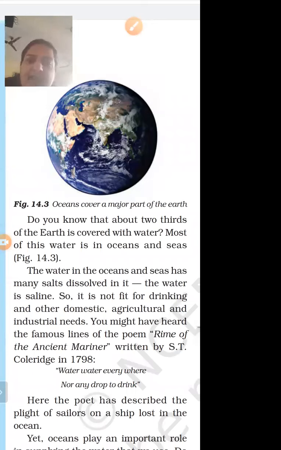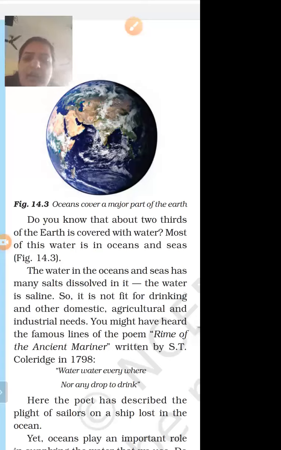It has a lot of salt dissolved in it, so we cannot use it for drinking purposes. We also cannot use it for domestic purposes, agriculture, or industrial use.